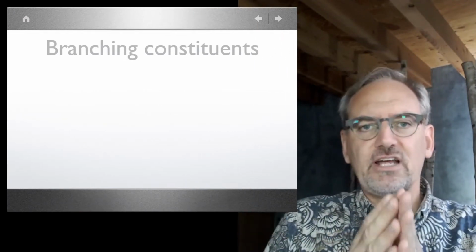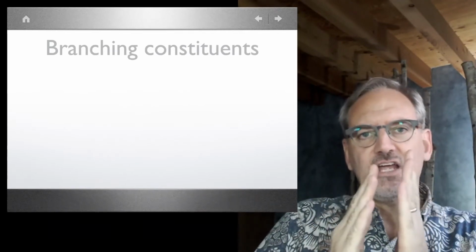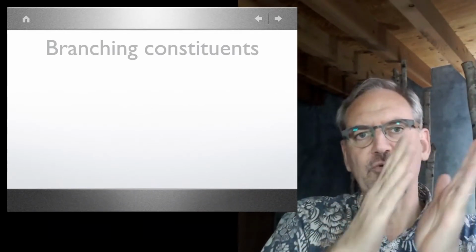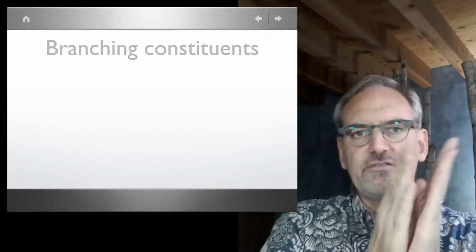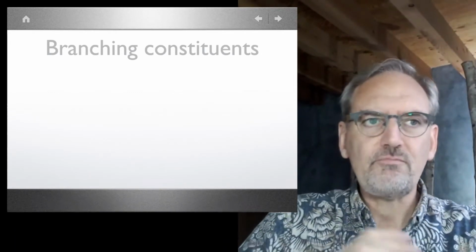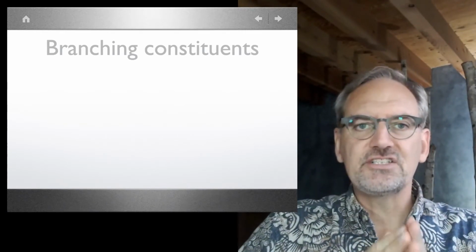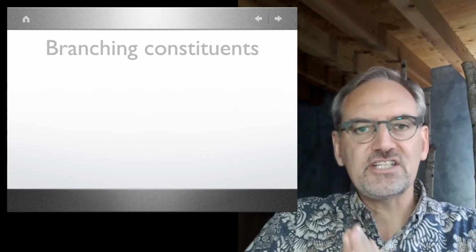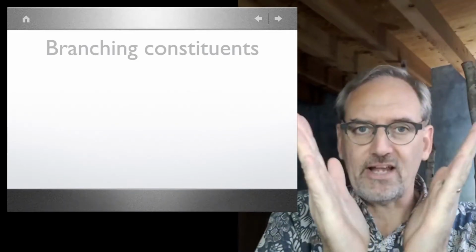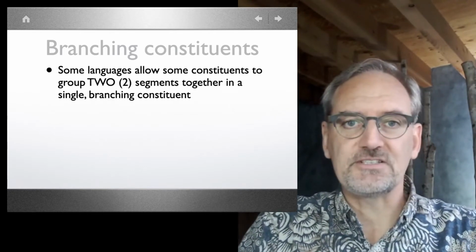To branch, like a tree: you think of a tree has a trunk, and then it branches off. Where you have separate branches of a tree is where it separates into smaller sections of the tree. Well, a branching constituent is one that branches, that separates, and contains 2 segments.